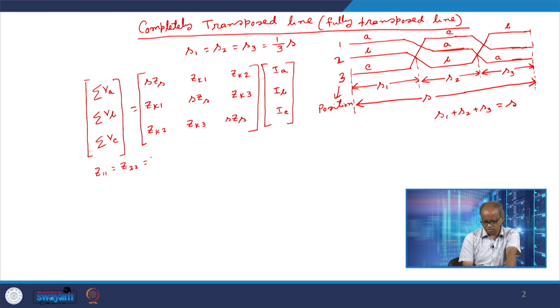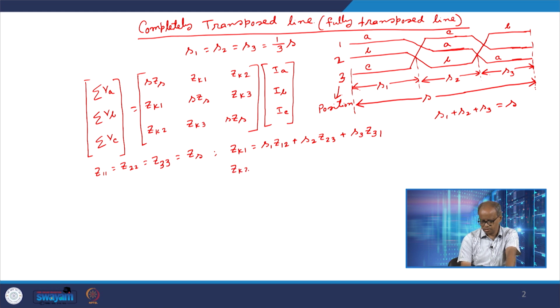So we said that Z11 is equal to Z22 is equal to Z33 is equal to Zs, and we said that Zk1, that is the definition, is S1 Z12 plus S2 Z23 plus S3 Z31, that we have said.